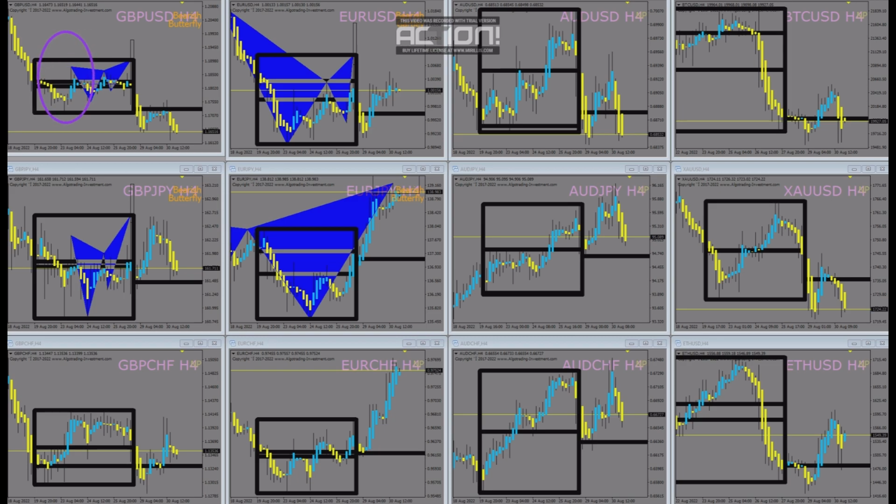GU, we have our consolidation, stop hunt. I'm expecting a W, I'm expecting a buy. But I understand the trend is down. The peak formation of GU is down. So I'm not really expecting to buy this week. I'm expecting to sell this week, not buy. Okay?